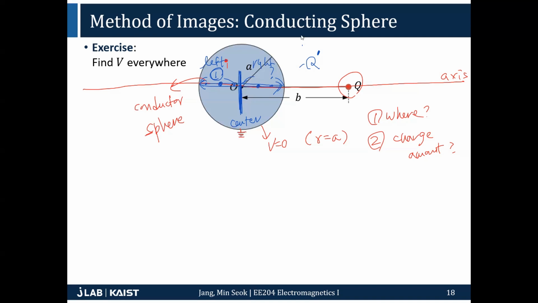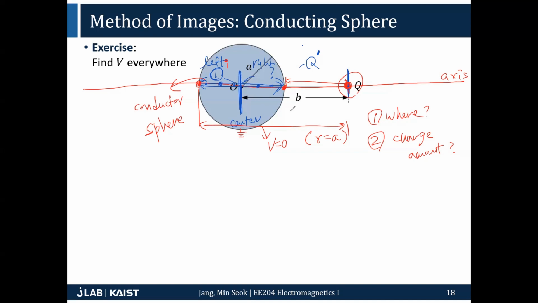So the potential due to this charge is stronger here compared to there, because this point is further away compared to that point, right?